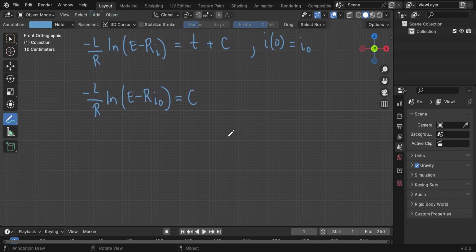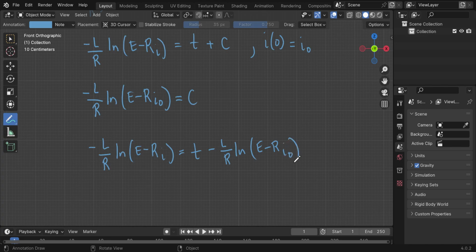So all said and done, we have negative L over R ln E minus R I equals t plus c, and if c is this, it's negative L over R ln E minus R I0.